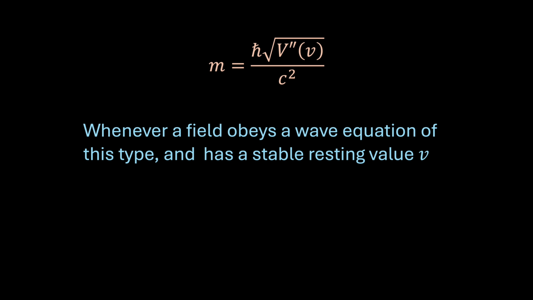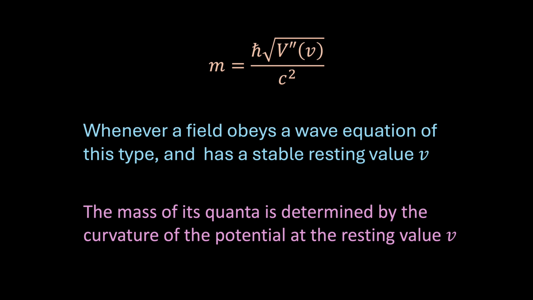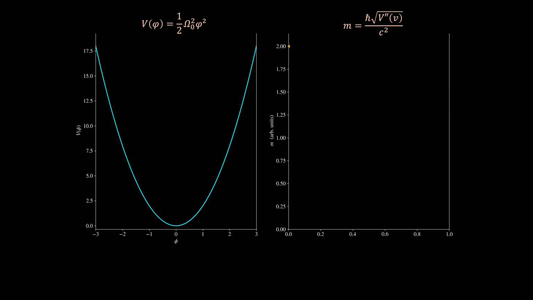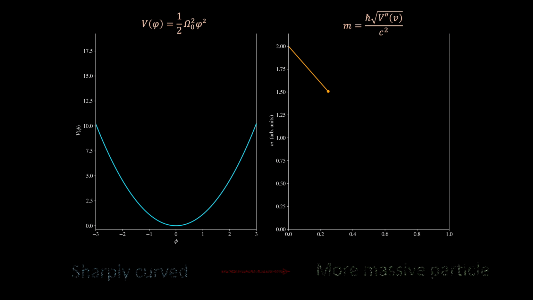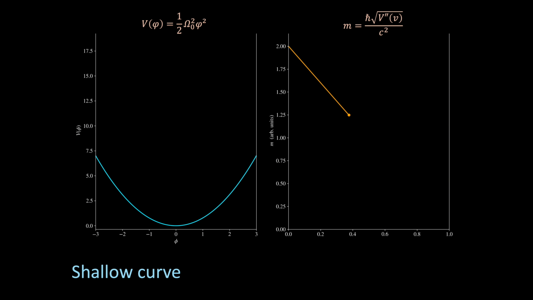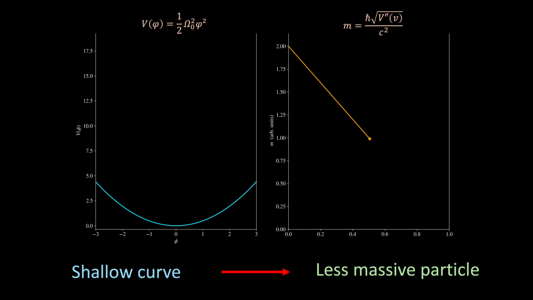Whenever a field obeys a wave equation of this type, one with a restoring term derived from a potential, and has a stable resting value v, the mass of its quanta is determined by the curvature of that potential at the resting value. And so we see that a sharply curved potential corresponds to a more massive particle, whereas a shallow, broad curved potential corresponds to a less massive particle.